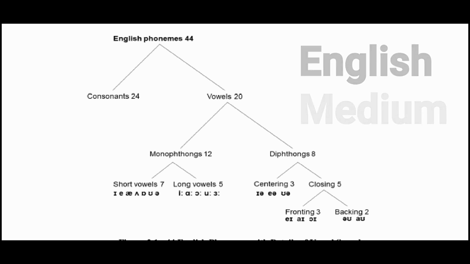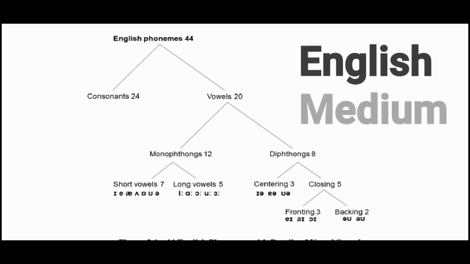So let's do it. There are completely 44 English phonemes available in English. If we classify them, what I have asked you, you will comment: how many phonemes are available in English? The answer is 44 phonemes.